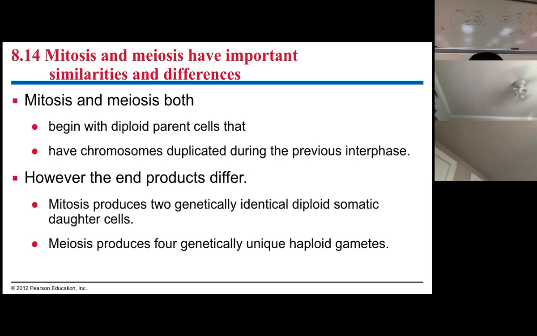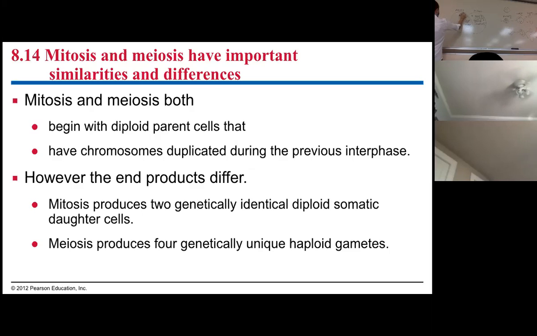Because you might get this one that was held over here on this half, or you might get the other one that was held over here on that half. But which half you get is random. All right. So we end up with 4 haploid cells that only got half of that information and are not genetically identical to the parent because of that crossing over, because we can trade off some of our genes.